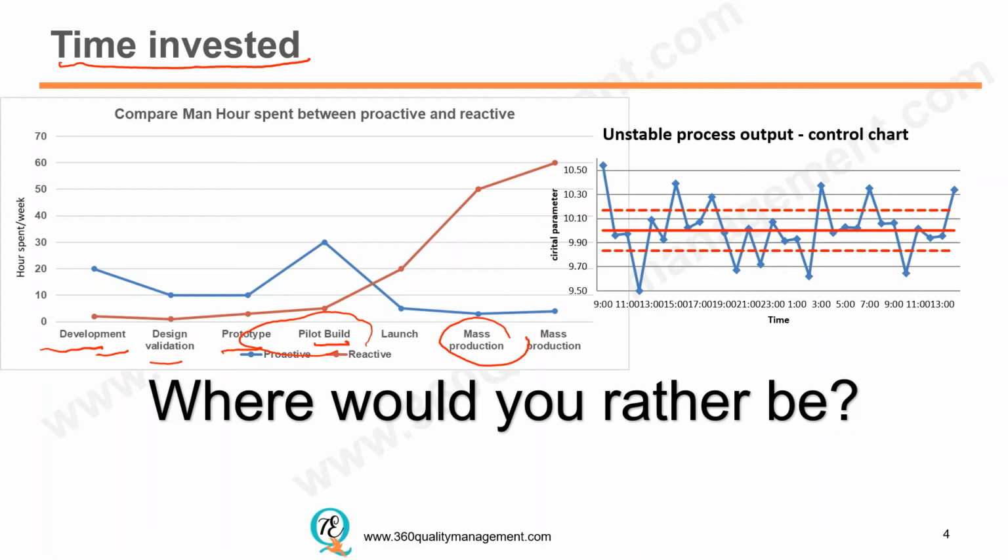And in a typical reactive mode, there is no time spent on planning in quality, in analyzing the potential risks. Therefore, at this stage, people will be very happy because there's not much time until the product reaches mass production.